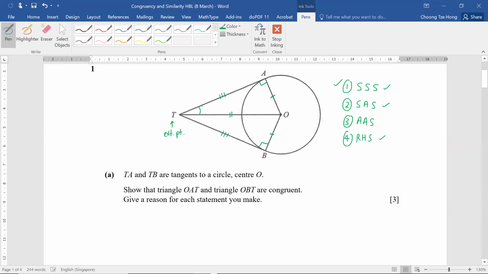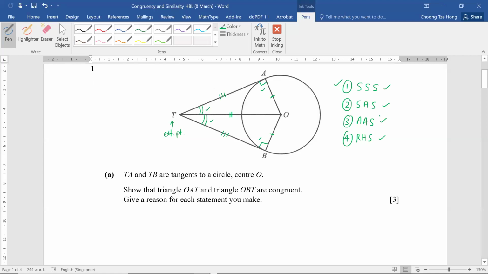If these two angles are the same, then technically we can also use AAS because we have these two angles the same, and then the two right angles, another pair of equal angles. So you can also use the AAS test.